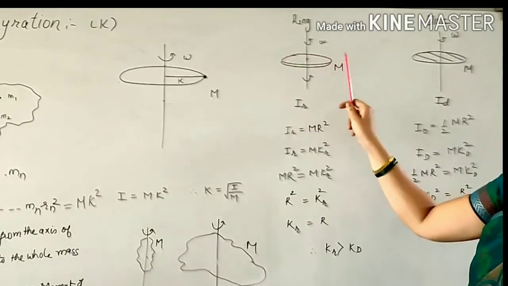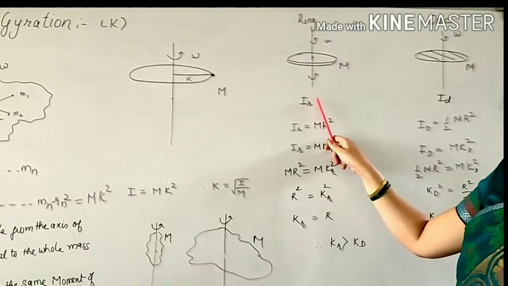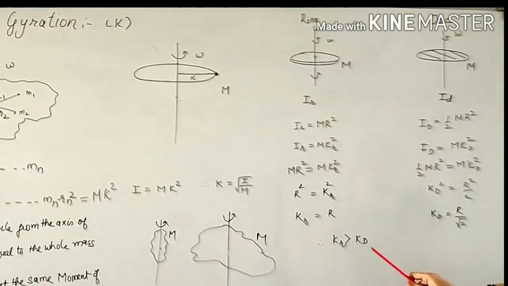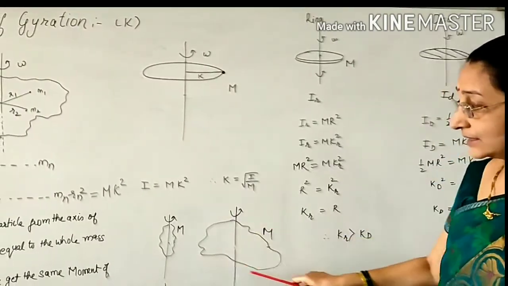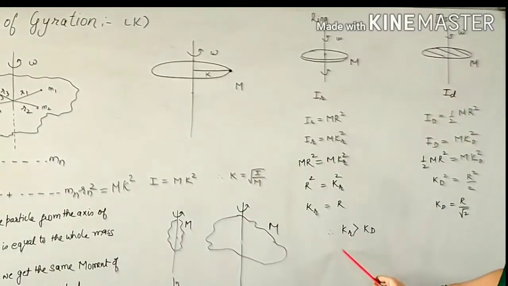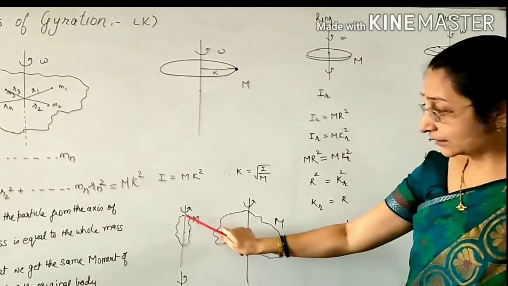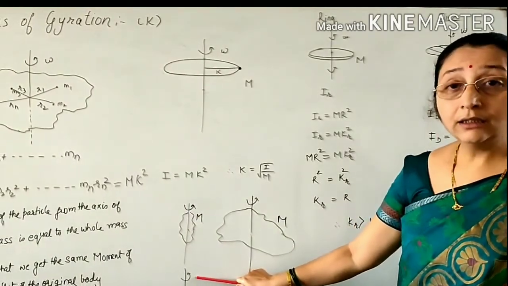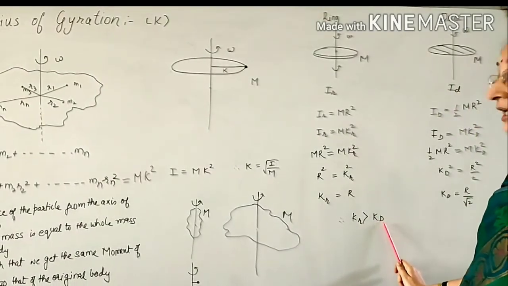The mass of the ring is distributed at a distance from the axis of rotation. So, whenever the mass or the particles are distributed at a larger distance, the radius of gyration is more. When the particles are near, then the radius of gyration is less.